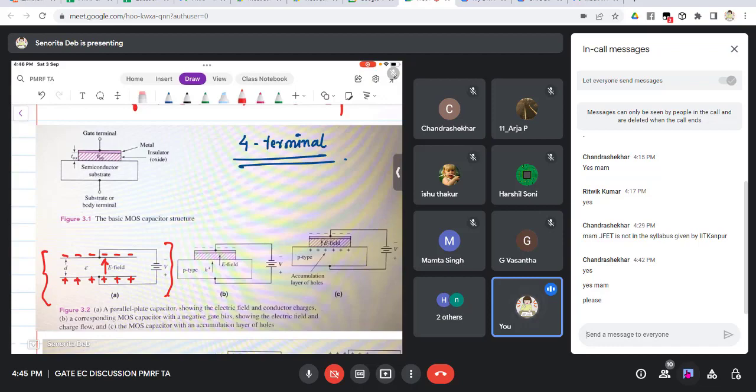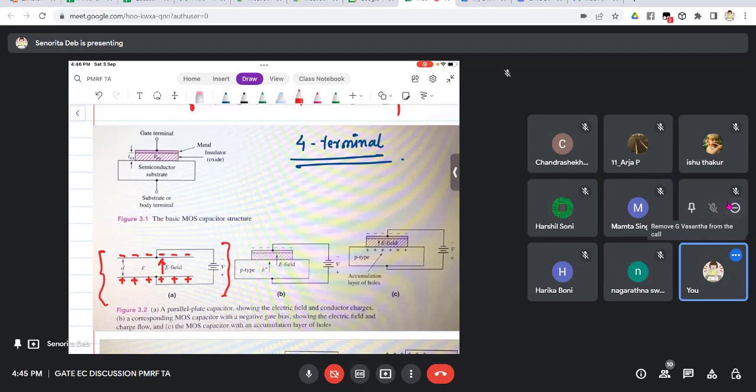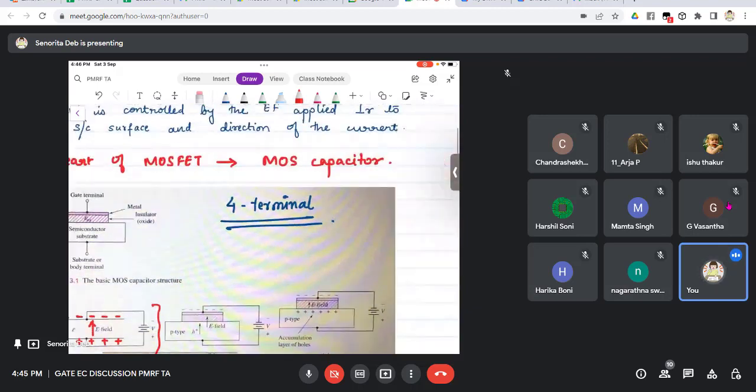So in the second one, it has shown the MOS capacitor. A is the parallel plate capacitor, and B is the MOS capacitor. Everything I have taken from Neamen's book. It is well explained there, though it is not very detailed, just a normal explanation of the basics.